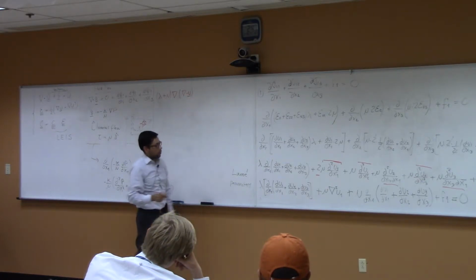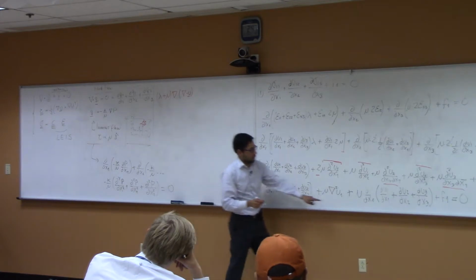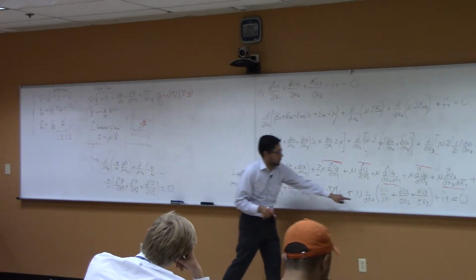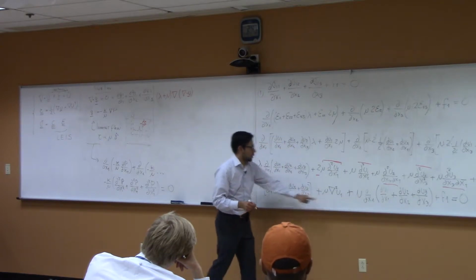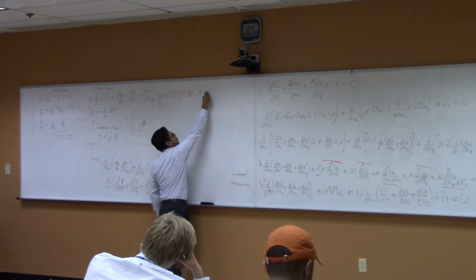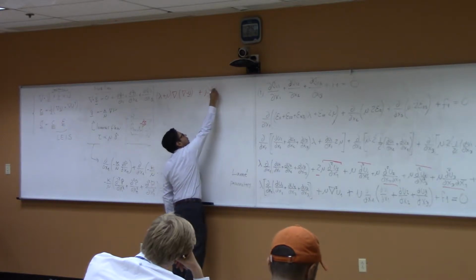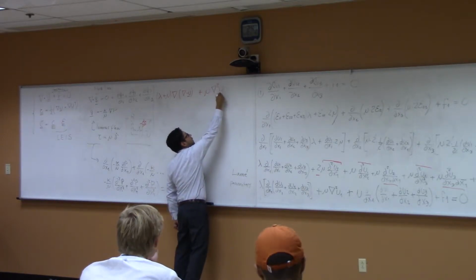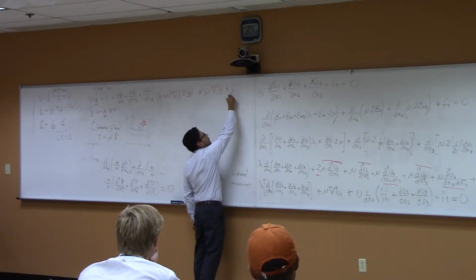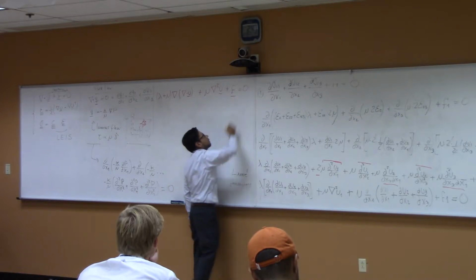And so this one is going to be that one and this one. And then I have this guy over here, this one, that is just going to be mu Laplacian of the vector plus, and now I recover the vectorial form of f equal to 0.